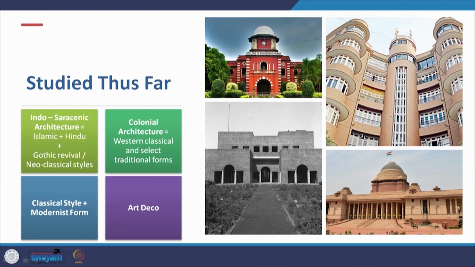So what we have studied thus far, we have looked at Indo-Saracenic architecture, which combines Islamic and Hindu elements with Gothic revival or neoclassical style. We looked at colonial architecture, Western classical architecture with select traditional forms. This is an example of Indo-Saracenic, this is an example of colonial, classical style and modernist form, Walter George's Kashmir House, or the Art Deco work of Mumbai.